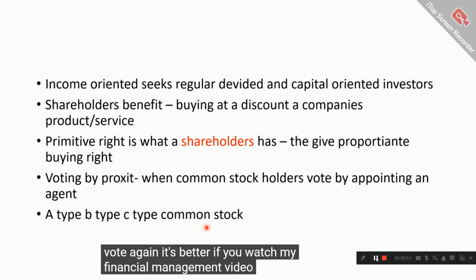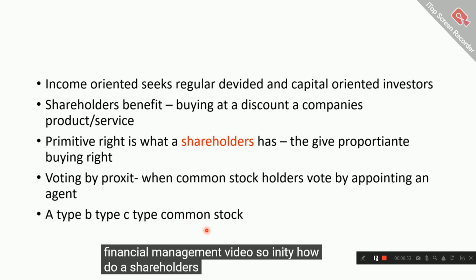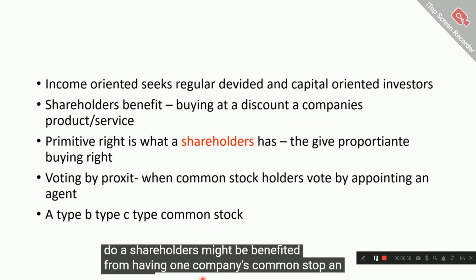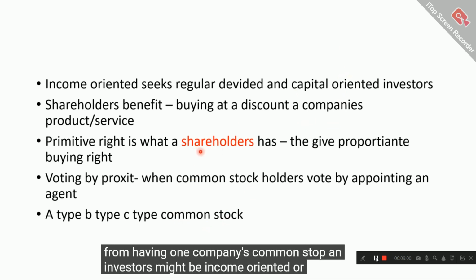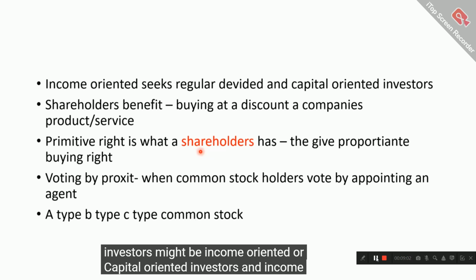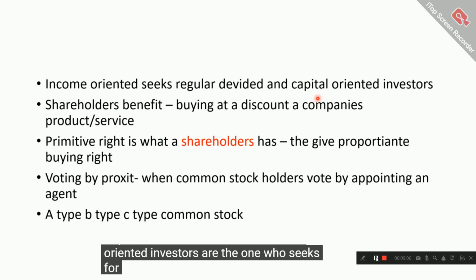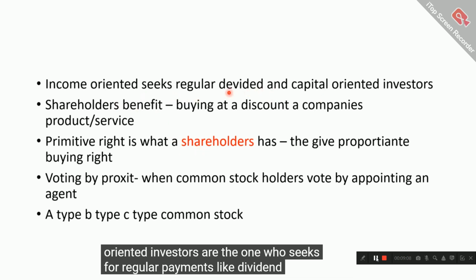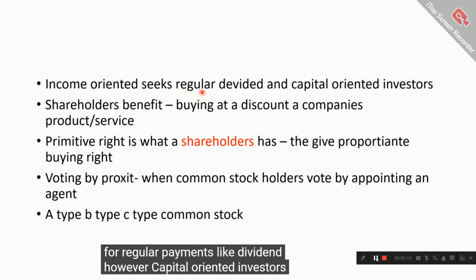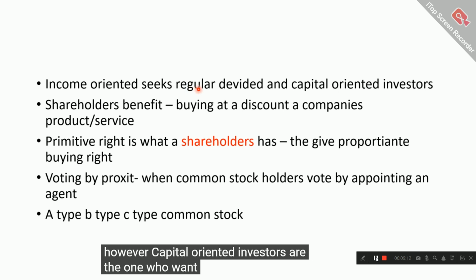So in equity, how might shareholders benefit from holding one company's common stock? Investors might be income oriented or capital oriented. Income oriented investors are the ones who seek regular payments like a dividend. However, capital oriented investors are the ones who want to benefit from the capital appreciation of the share.